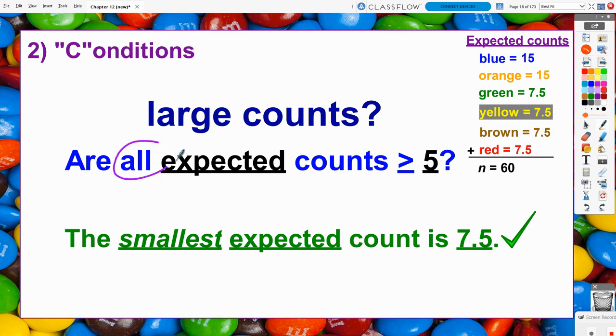I did say all expected counts, but if the smallest expected count is at least 5, then that must mean that all of them are at least 5, right? The smallest expected count is really a 4-way tie for green, yellow, brown, and red. So I could state that the smallest expected count is 7.5, and therefore this condition is met.